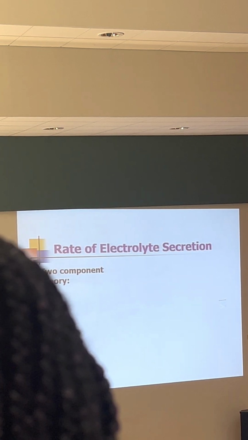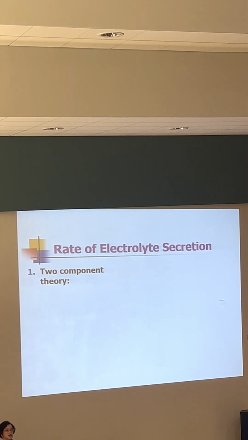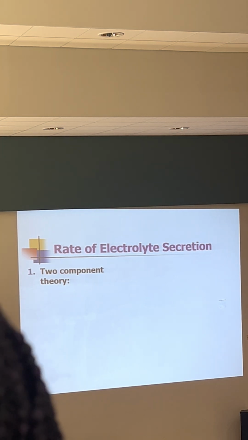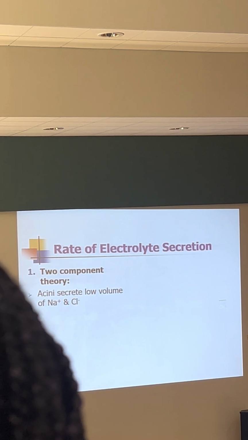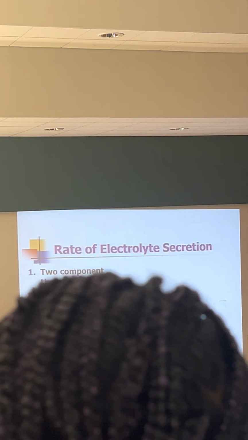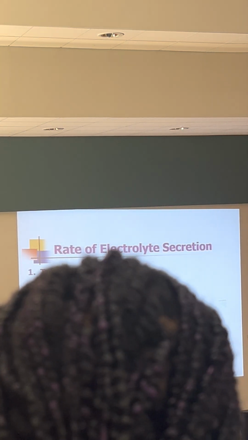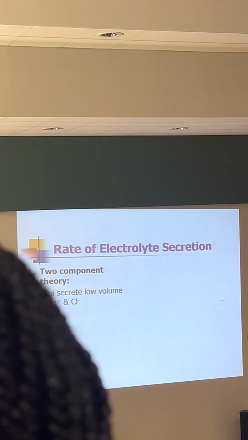Now there are two component theories that try to explain this, and maybe both actually contribute to how this change in composition is affected by secretory rate. One of the component theories says that the acinar cells, the acini, secrete a very low volume of sodium chloride. Remember the central acinar cells.